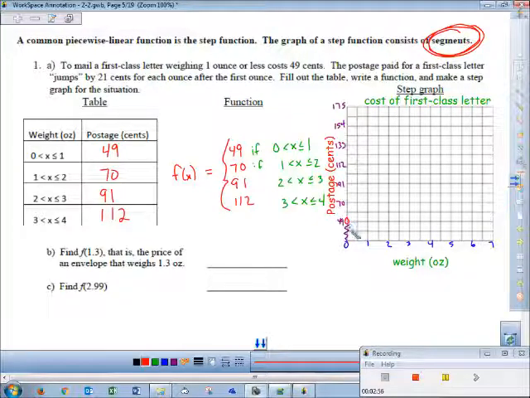But if we had a letter and it weighed anything more than that, even 0.01 ounces, it's going to cost us 49 cents all the way up until it weighed 1 ounce, which still counted. That's what that equal to bar is right here in our domain. Anything, be it a half ounce, 3/4 of an ounce, all the way up to 1 ounce, the price is going to be 49 cents. So that's this nice horizontal segment that we're making right here.